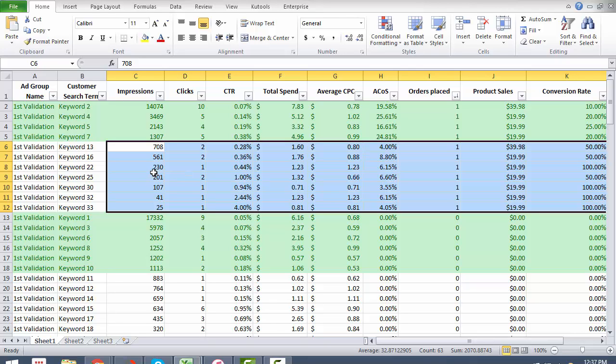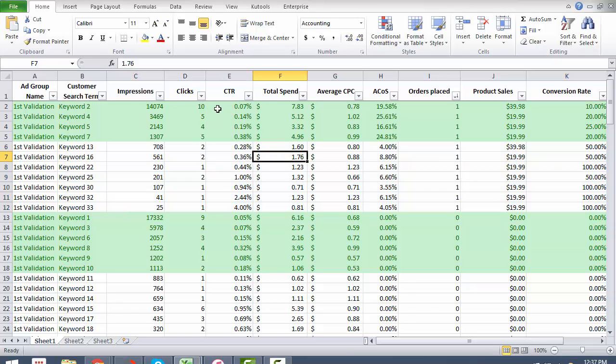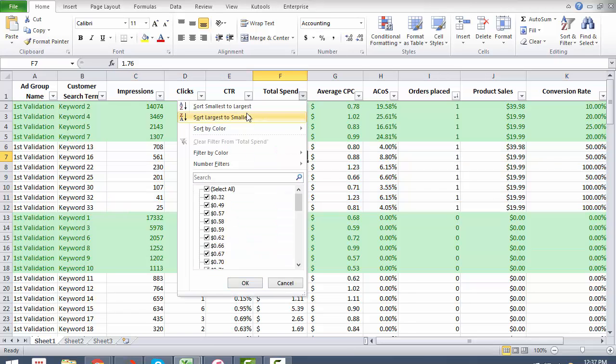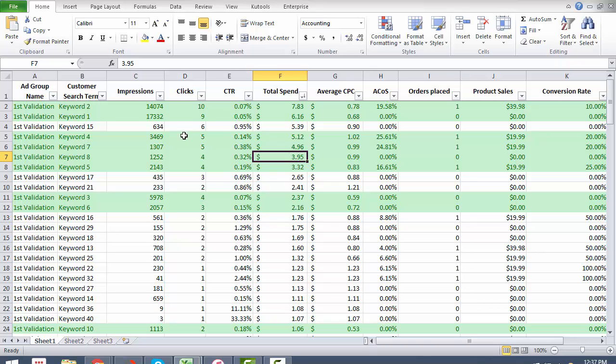So it's interesting to see how a lot of these keywords don't have a lot of impressions, but they're converting very well. That's something to note as we start to collect more data and move further into the testing phases.